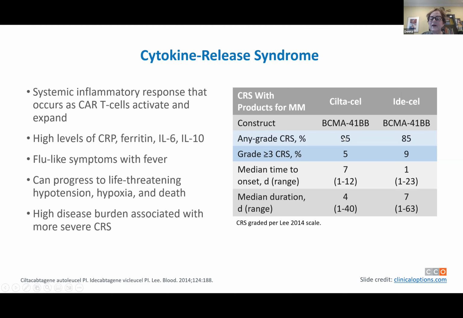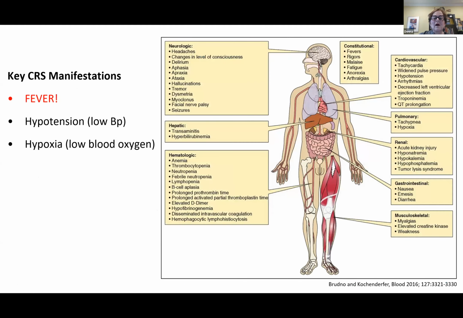And I think I've already showed this before. Cilta-cel occurs a little later, but the duration is fairly short. And tocilizumab is very effective in stopping the symptoms, although it may need to be repeated. The main manifestation is fever. This diagram lists every possible scary thing that could happen.